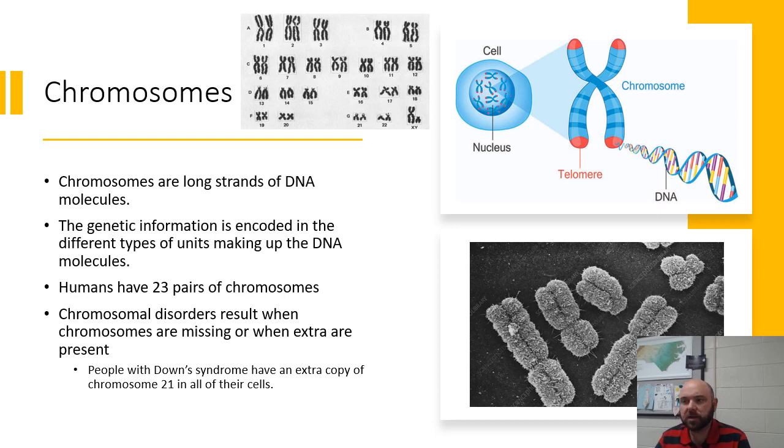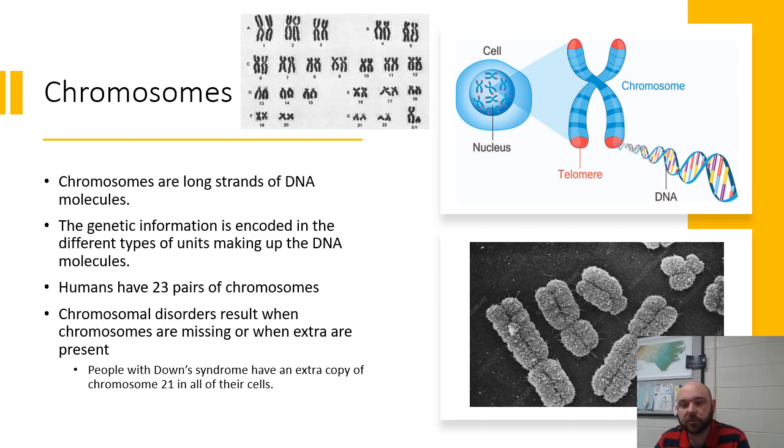And DNA tells cells how to make different proteins and different things it needs for energy and different structures within the body. It encodes all of the instructions on what cells to make and what those cells should do. All human cells, in the absence of disorder, have 23 pairs of these chromosomes for a total of 46.